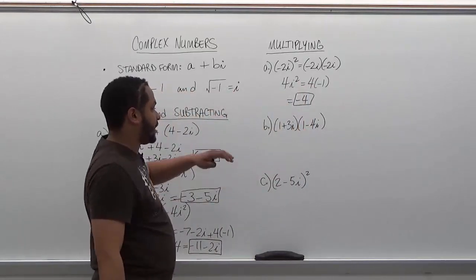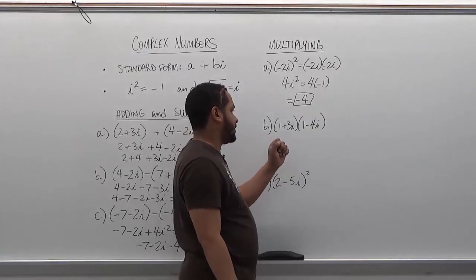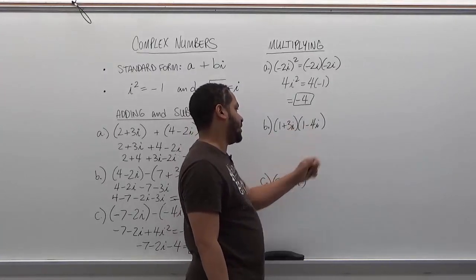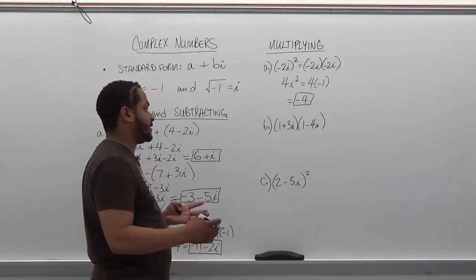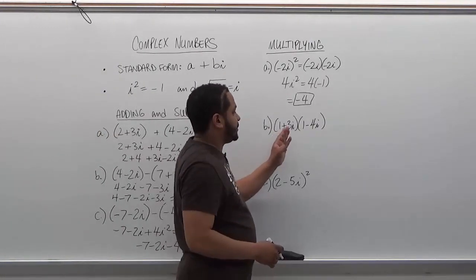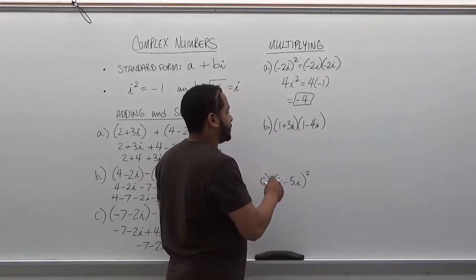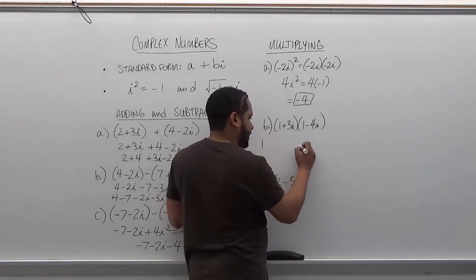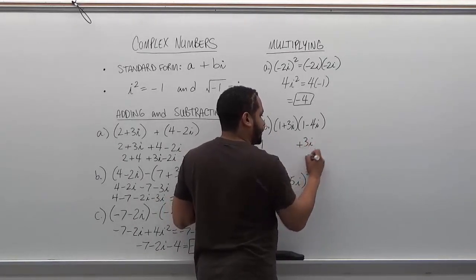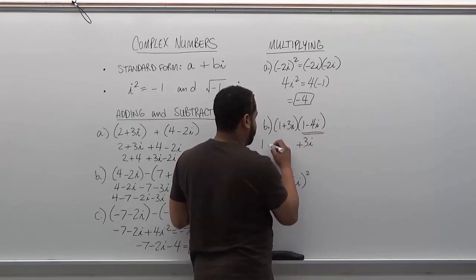In the second set, we have a binomial times a binomial, which is 1 plus 3i times 1 minus 4i. And the important thing to think of here is that we're foiling. But I don't like to determine too much of my multiplication through binomial foiling. What I like to do is to ungroup the first 2 terms, in which I take the 1 and the positive 3i, and I separate them so that I can multiply them against the second term separately.